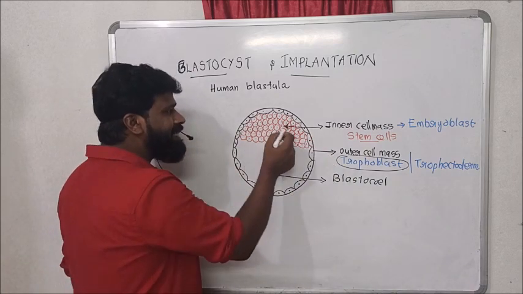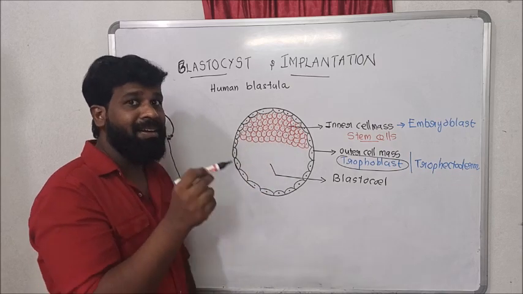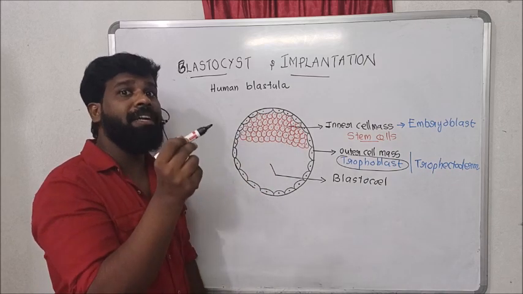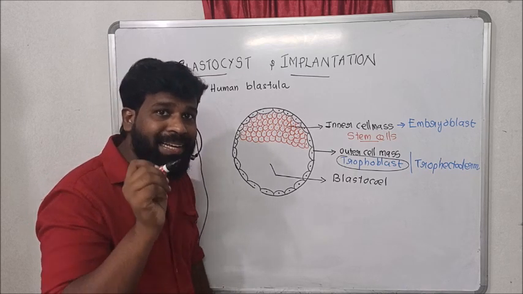So these cells differentiate to form different types of cells, tissues, organ systems and organism.